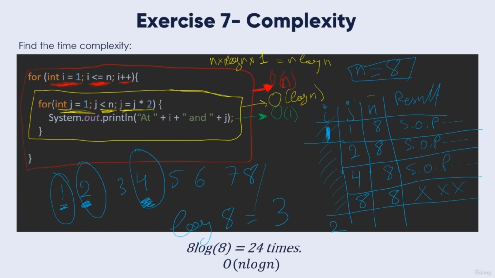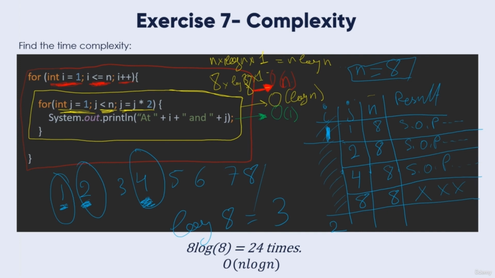We are executing i 8 times, and log 8 is 3 times, and times 1. So log 8, sorry, log 8 is equal to 3. So 8 times 3 times 1.